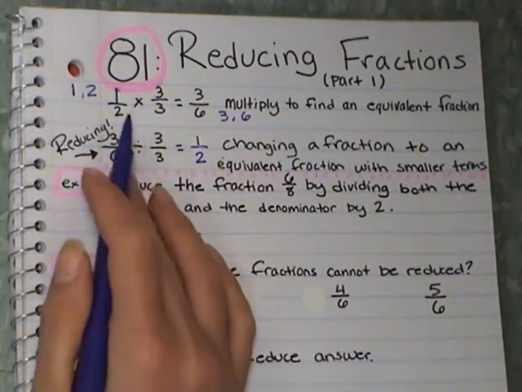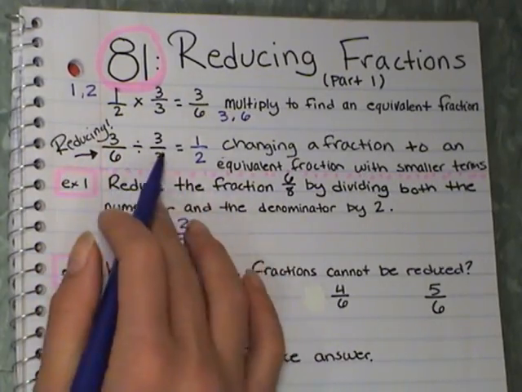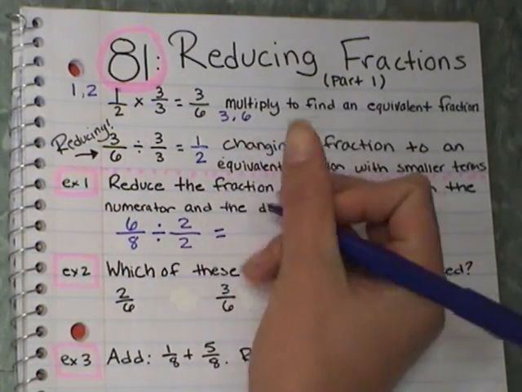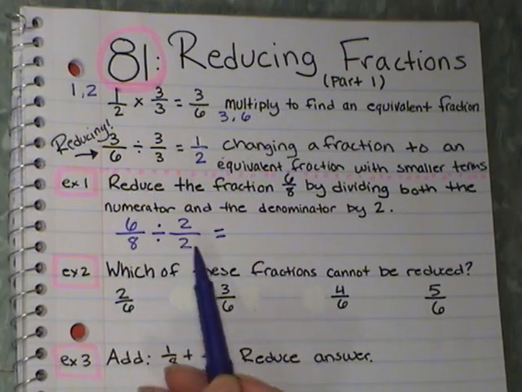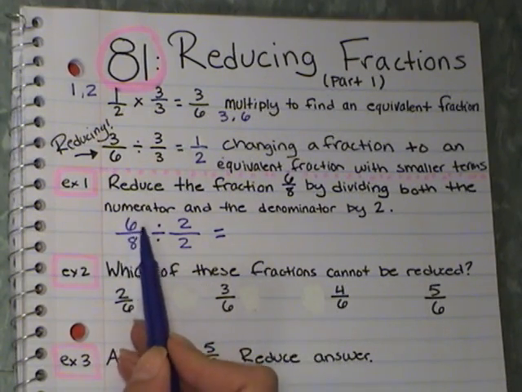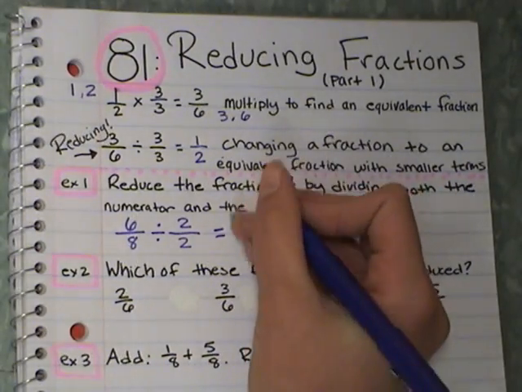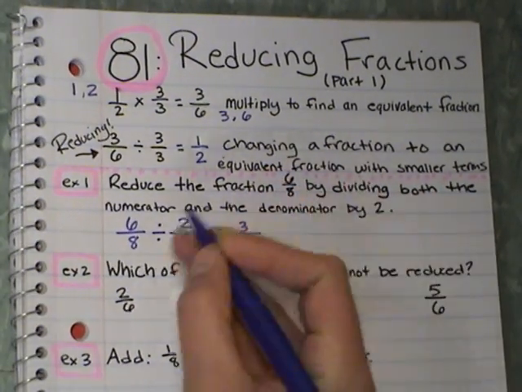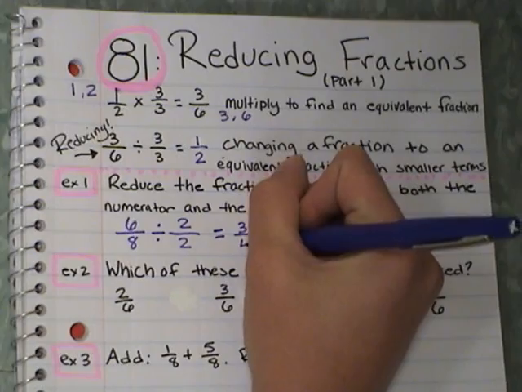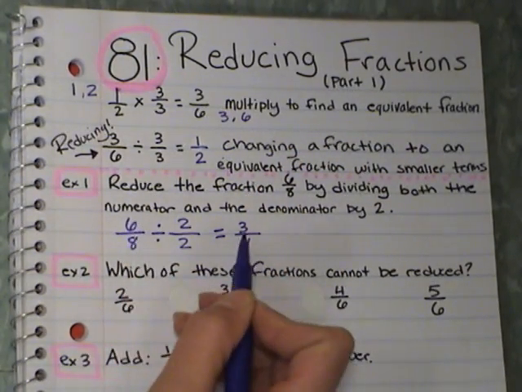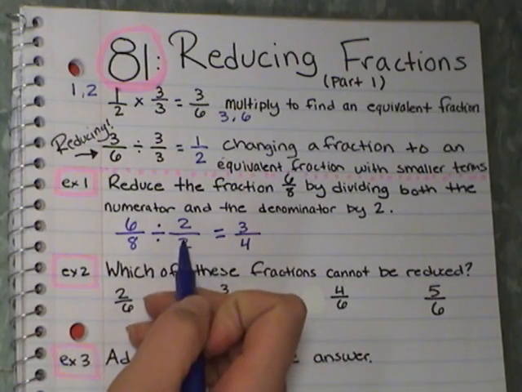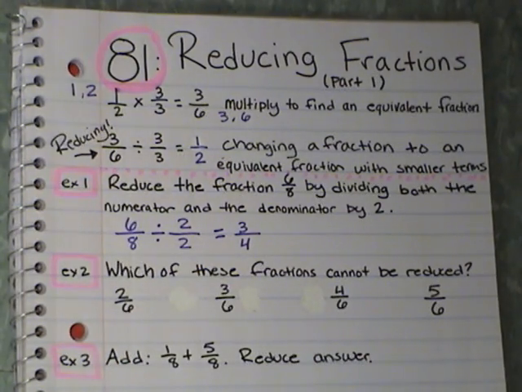So, like we did before, when we multiplied by 1, we're now dividing by 1. We go across, the top and the bottom. So, 6 divided by 2 is 3, and 8 divided by 2 is 4. So you can reduce 6/8 to 3/4 by dividing by 2 over 2.